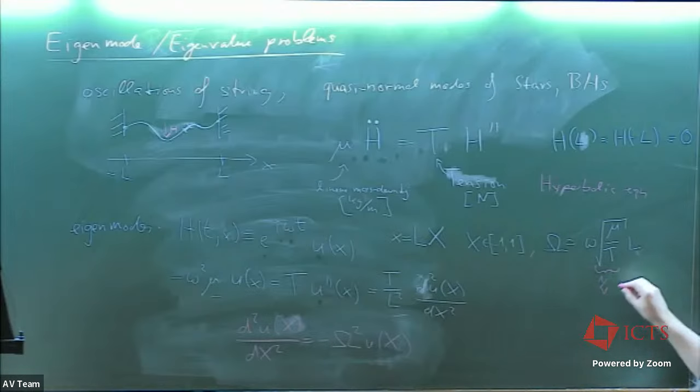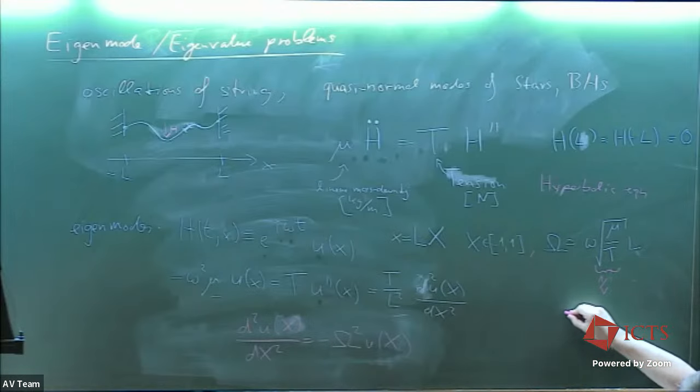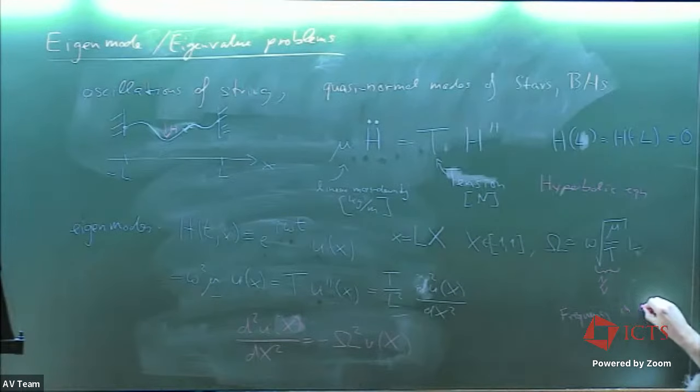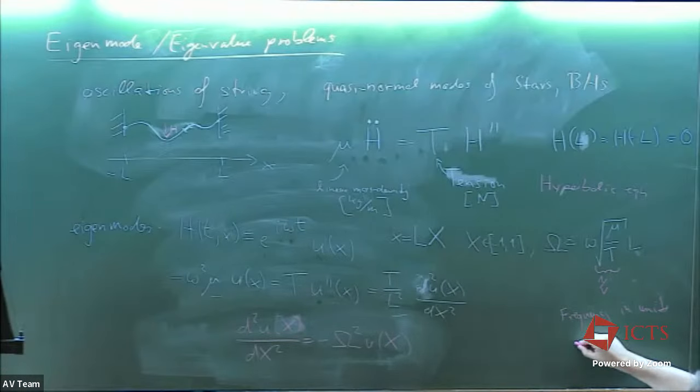So this is basically the frequency in units of the travel time along the string. So just explaining all the variables.